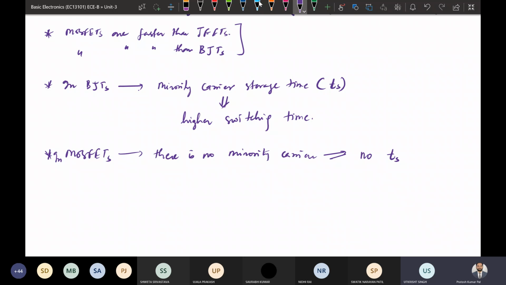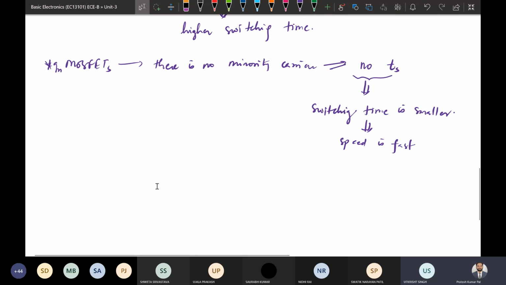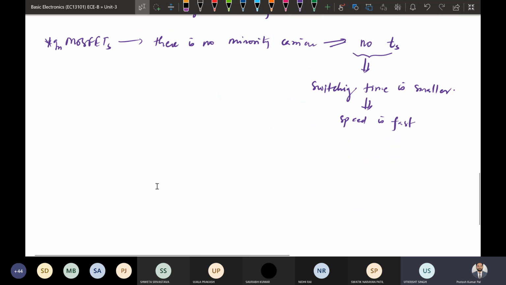As it has no minority carrier storage time, the switching time in MOSFETs will be smaller. So switching time is smaller, that means speed is fast. The MOSFETs will have faster speed because there is no minority carrier storage time.